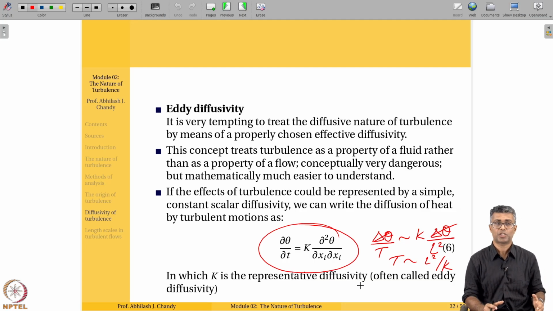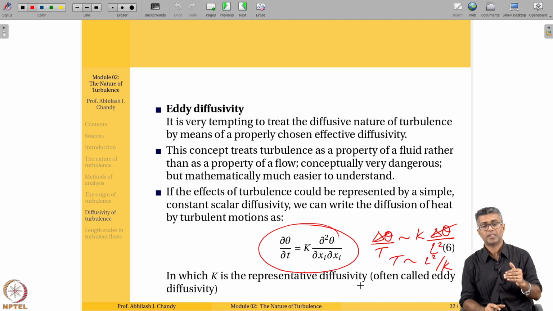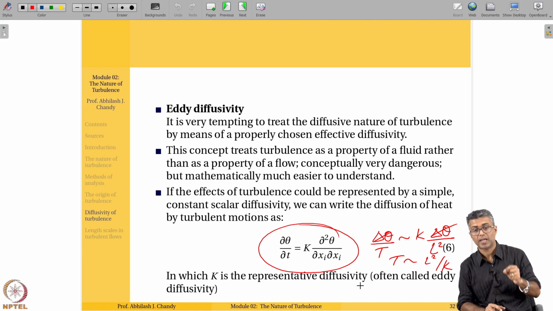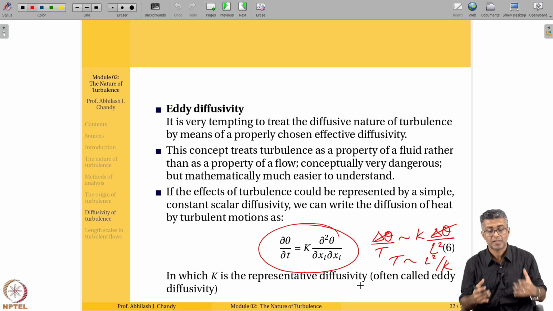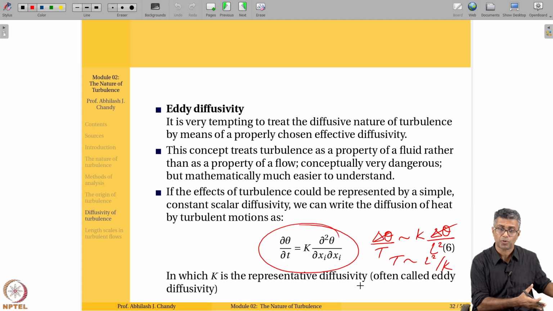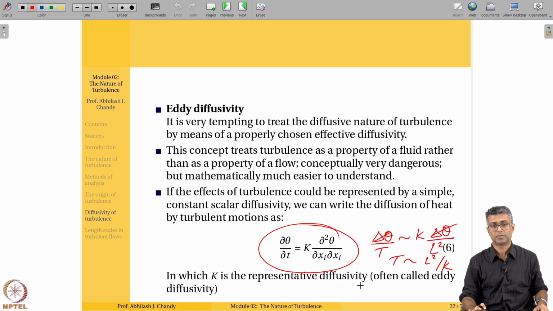So like a heat transport equation. ∂θ/∂t = K ∂²θ/∂xi², where K becomes the eddy diffusivity. So this is like the heat transport equation, right? Instead of gamma in molecular diffusion, instead of thermal diffusivity, we have K alone.